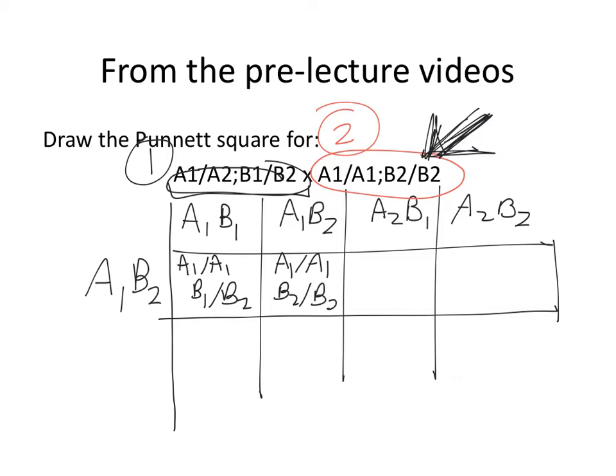How many different genotypes do we get here? 4. So far we've got the 2 individuals in the cells are both homozygous A1, but they differ at the B gene.